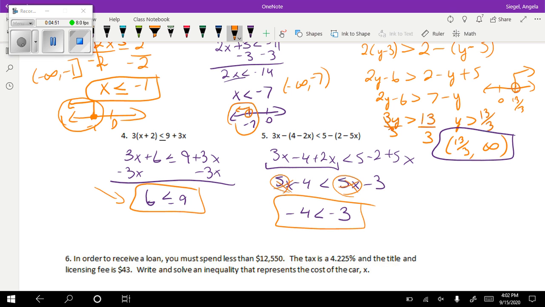So you're going to ask yourself, are these expressions true or false? So this one is true because 6 is less than or equal to 9. And so in that case, our answer would be the set of all reals, or you could say negative infinity to positive infinity. But this one, that's not true.